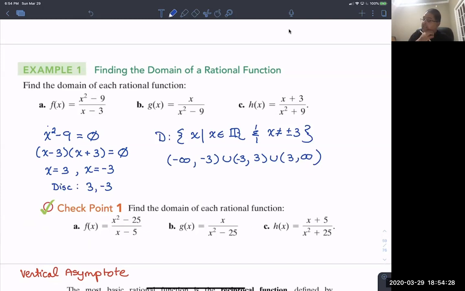So x can be anything from -infinity to -3, or -3 to 3, or 3 to infinity. And since it can't be either -3 or 3, but it can get really close to it, we'd use parentheses instead of brackets. And on the test, either one is fine by me.